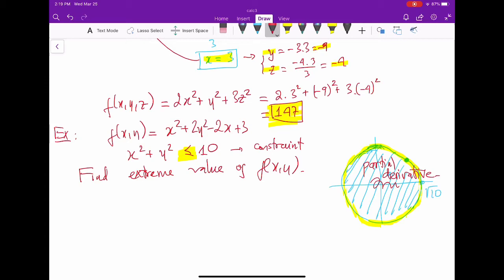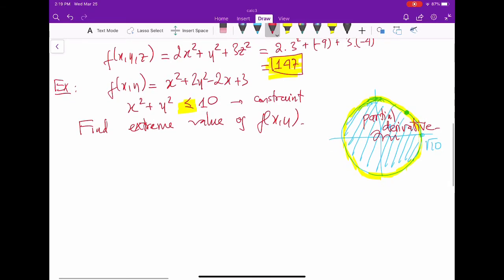Make sense? Before we move to the solution, I would like to mention one thing. I want to compare a little bit between calculus 1 and calculus 3. In calculus 1, you solve the problem of extrema, global extrema on some closed interval, right? So you find all critical points inside that interval, and then you compare function values at those critical points and at two endpoints.